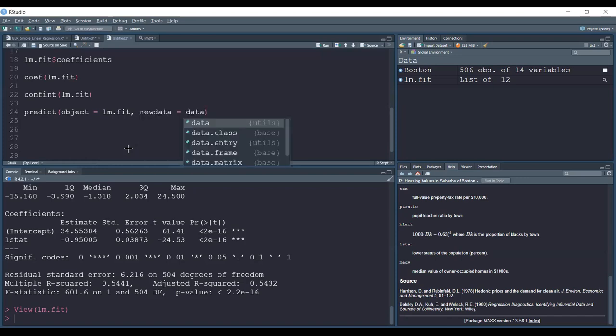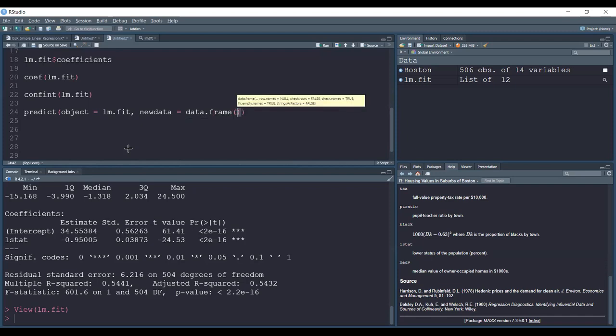Give it as a data frame. We'll say lstat is equal to 5, 10.